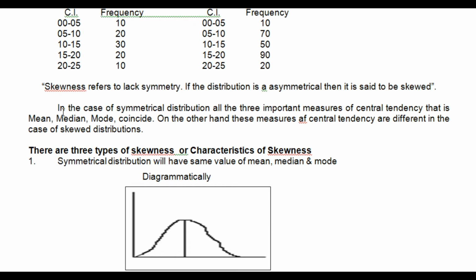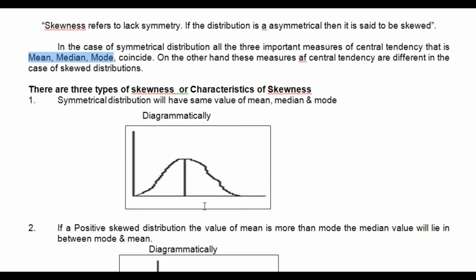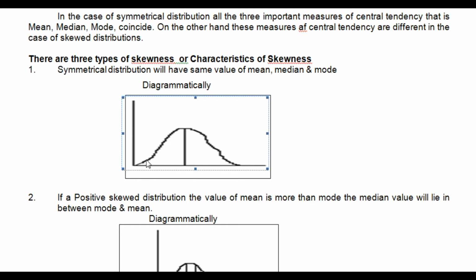In case of symmetrical distribution, the three important measures of central tendency, that is mean, median, mode, coincide. Symmetrical means increase same, decrease same, and in this kind of question the mean, median, mode coincide. The diagram is, for example, 10, 20, 30, 20, 10. It is just like a bell shaped curve.